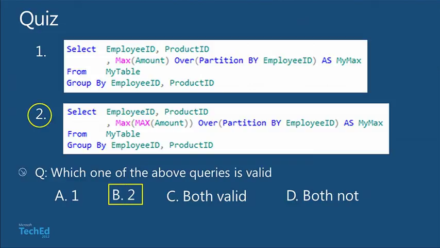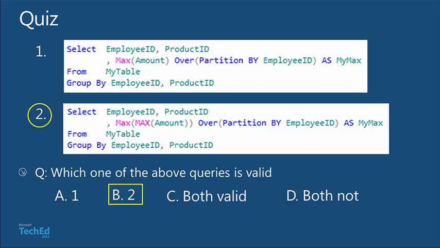The answer indeed is B. This is a very important concept you really need to pay attention to. As we said, when MAX is used with the OVER clause, it becomes a window function. So it is not an aggregation function, it's an aggregate window function, but it's still a window function. In the first query, you take GROUP BY employee ID, product ID.